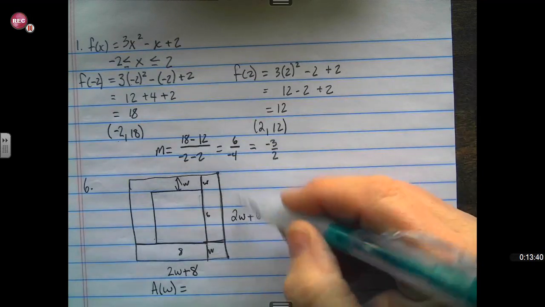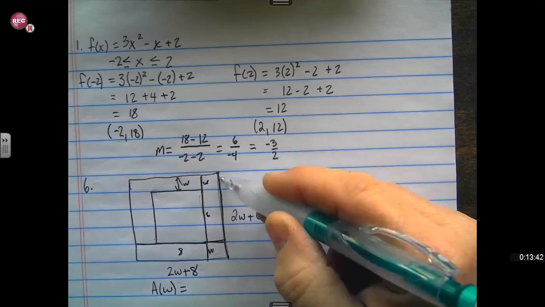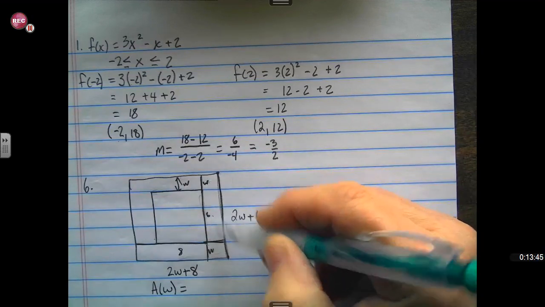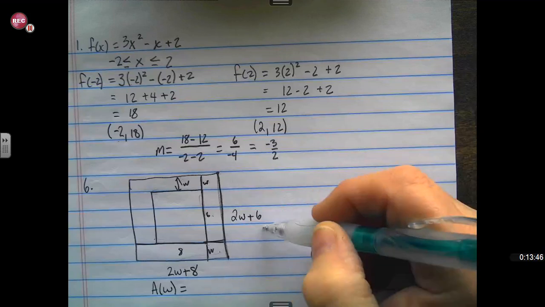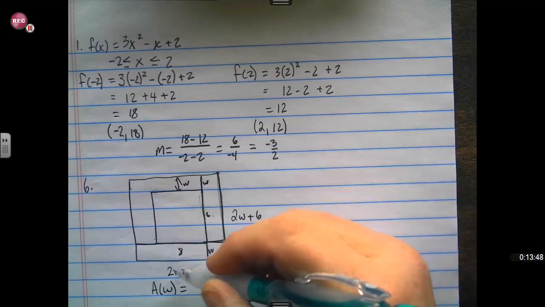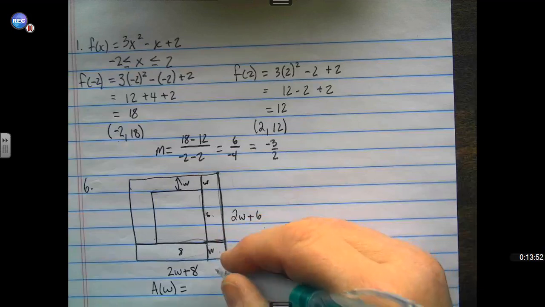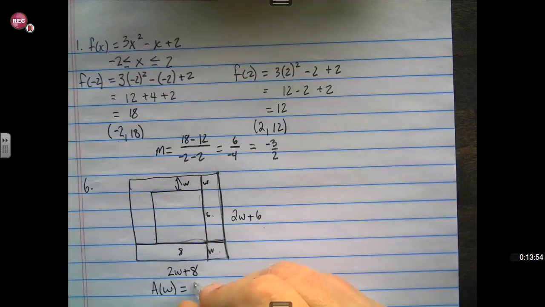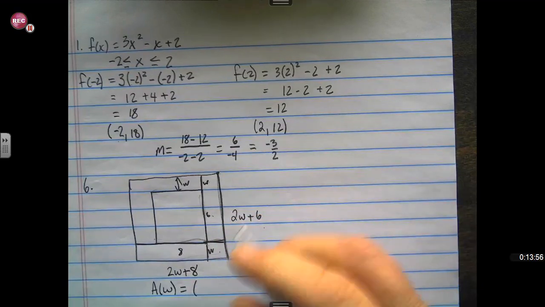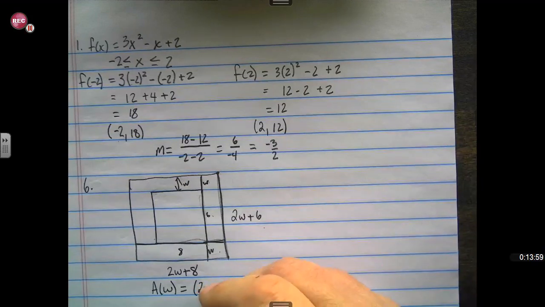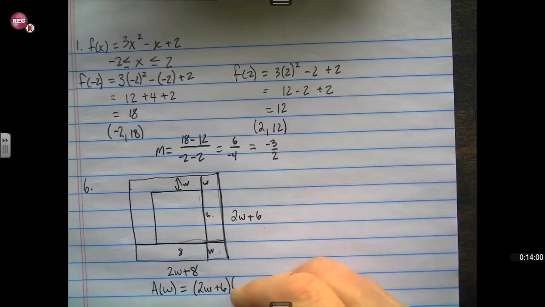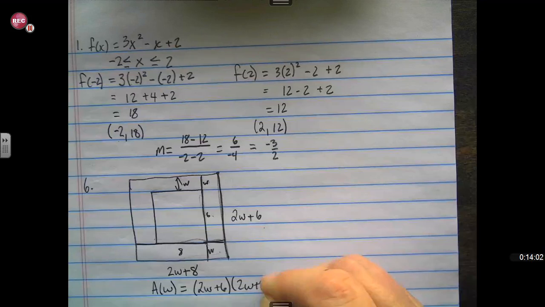So to get the length of this whole side over here, we take W plus 6 plus W. We get 2W plus 6. And similarly, W plus 8 plus W is 2W plus 8. And we want to write a quadratic function in standard form of the area of the whole thing. So 2W plus 6 times 2W plus 8.